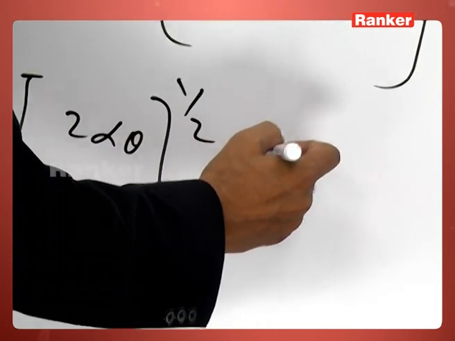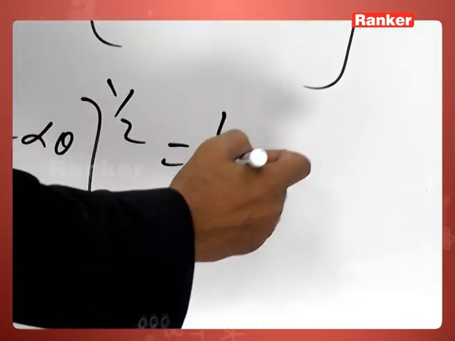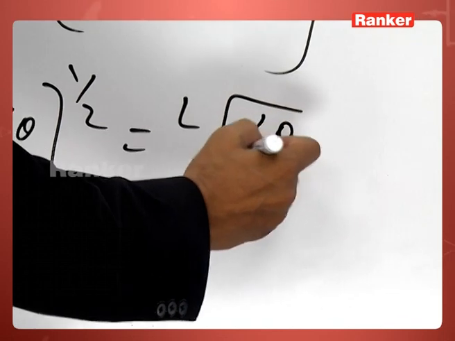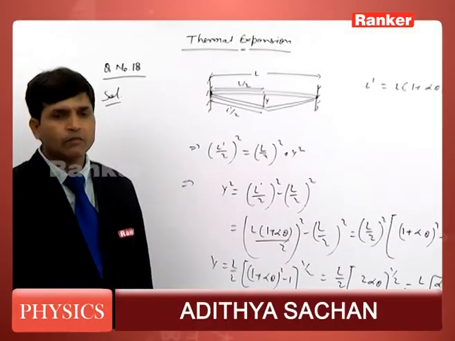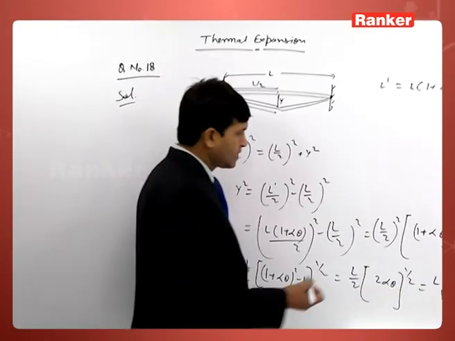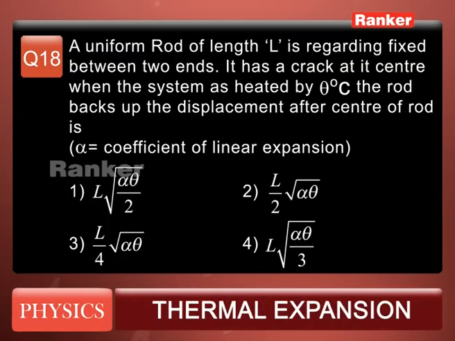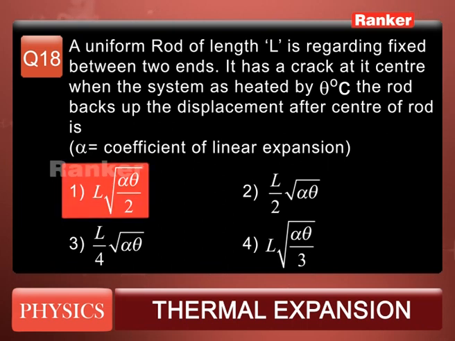So this is your L root over αθ by 2. So this is our option. So option number 1 is the correct answer.